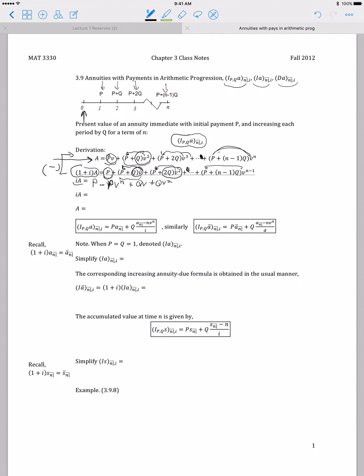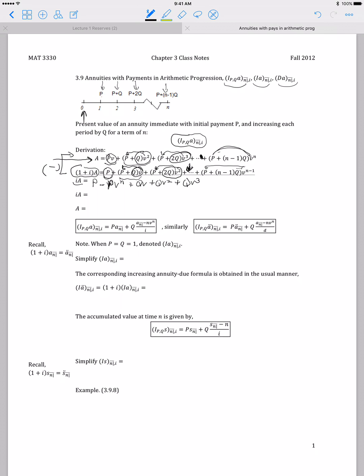I have 2 QV cubed, and I'm going to have 3 of those in this expression, so I'm just left with QV cubed. I continue that throughout my expression.